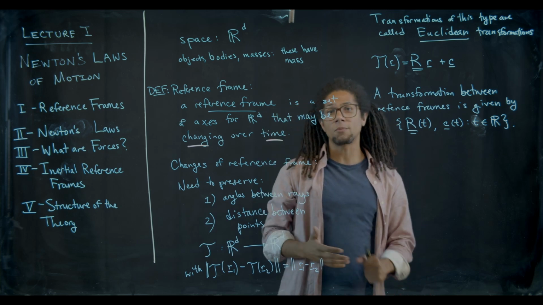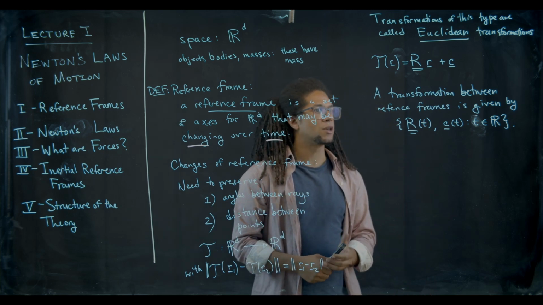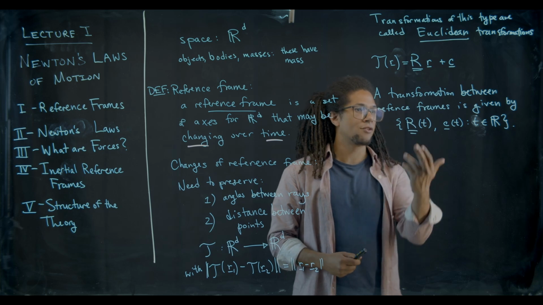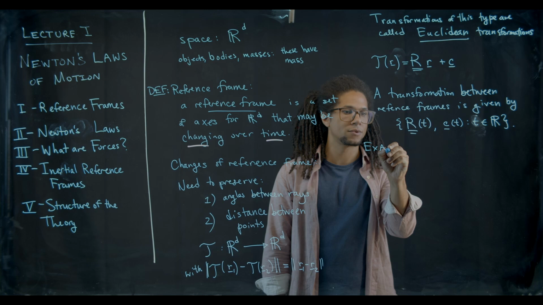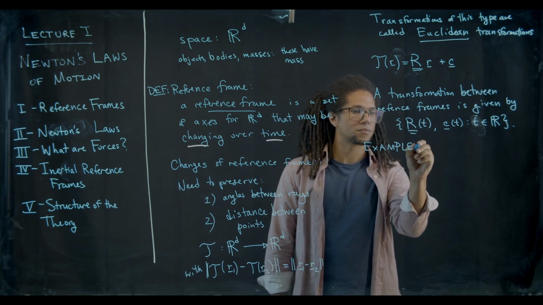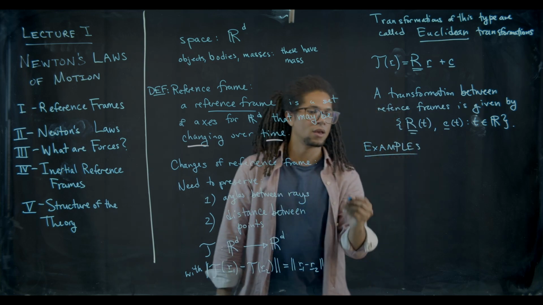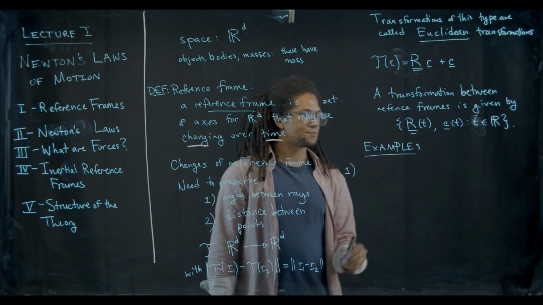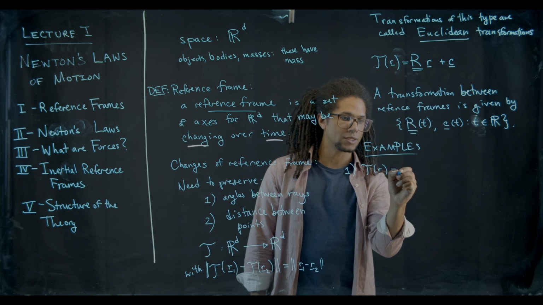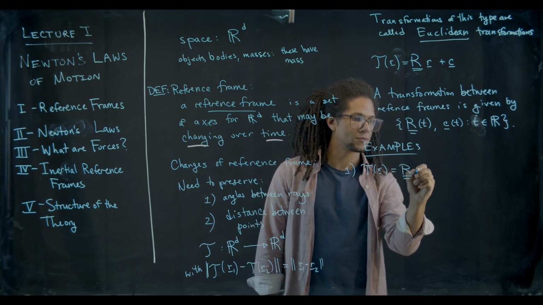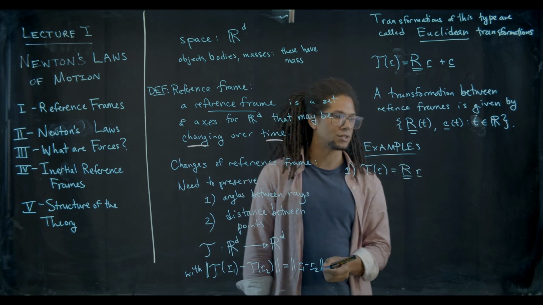All right, let's look at maybe the very simplest possibility. What happens if we have no C and R? So here, let's just do a bunch of examples. So here's one. We have T of R is equal to just R of R, and this is a constant.